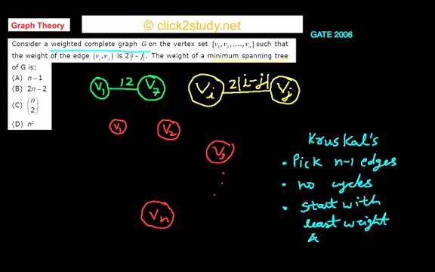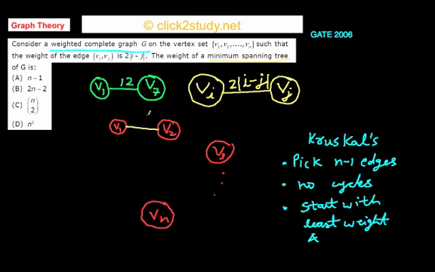All right. We're going to implement this algorithm and see how we can get the minimum spanning tree. You know that the weight of the edge is 2 times |i minus j|. Suppose I start at v1. There is definitely an edge between v1 and v2.